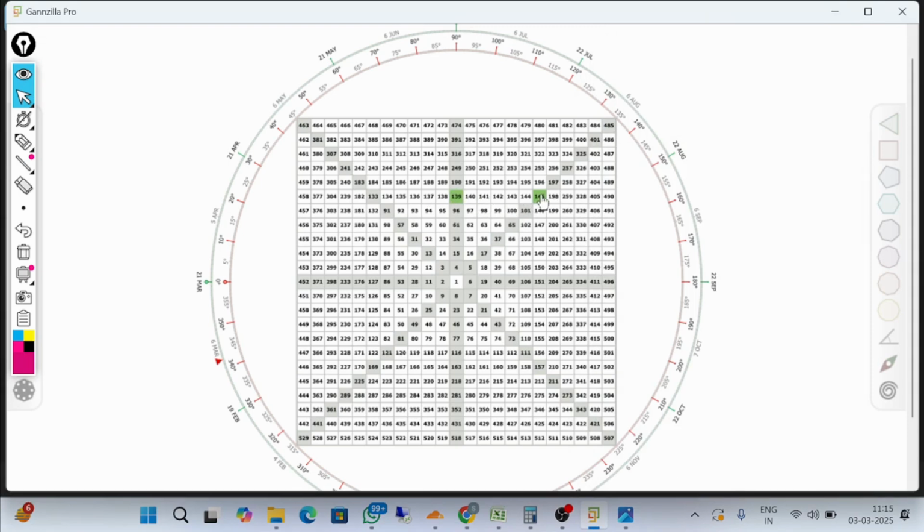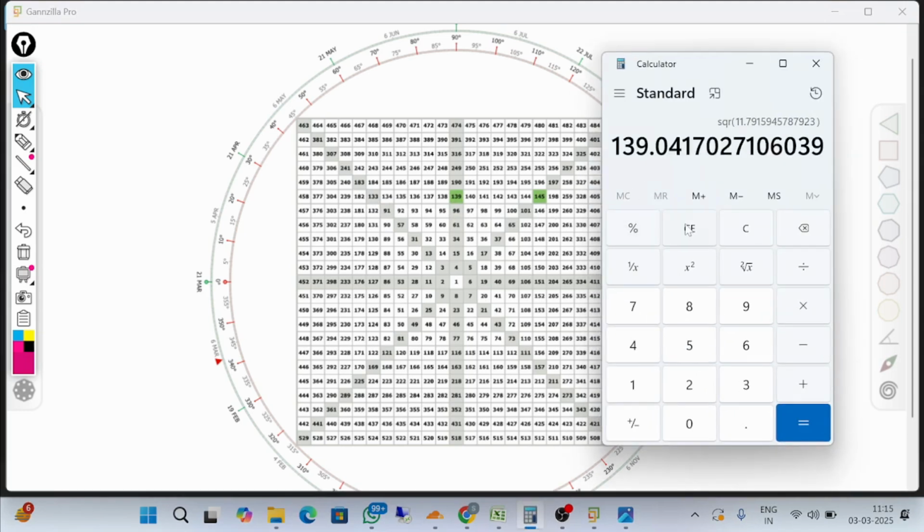So if this would be your 0 degree, then this would be your 45 degree and this would be your 90 degree. Let us see, 145 was the number, so again 0, 145 square root minus 0.5 square, 133.20.